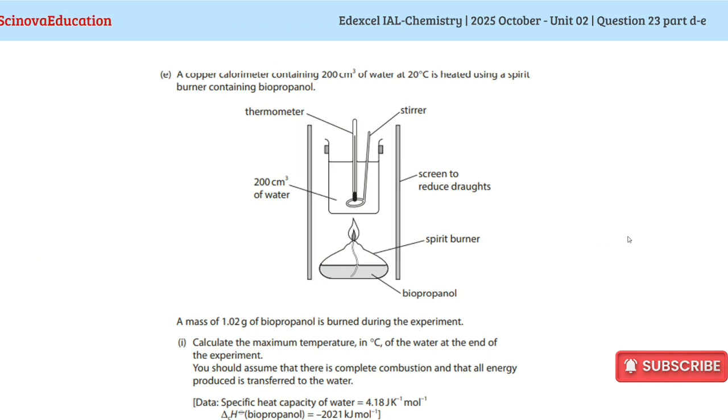Part E. A copper calorimeter containing 200 cubic centimeters of water at 20 degrees Celsius is heated using a spirit burner containing biopropanol. A mass of 1.02 grams of biopropanol is burned during the experiment. Calculate the maximum temperature in degrees Celsius of the water at the end of the experiment.